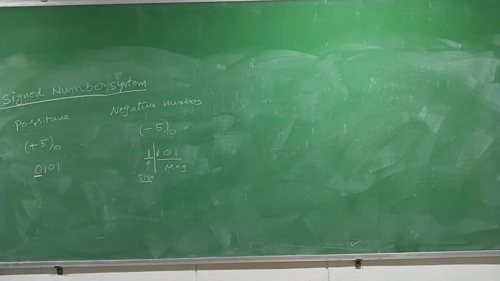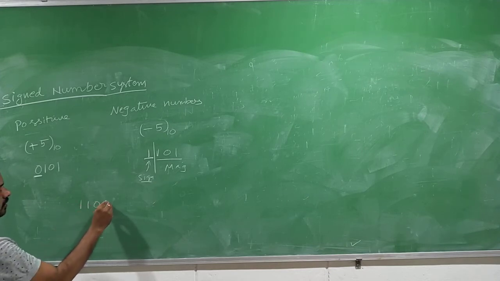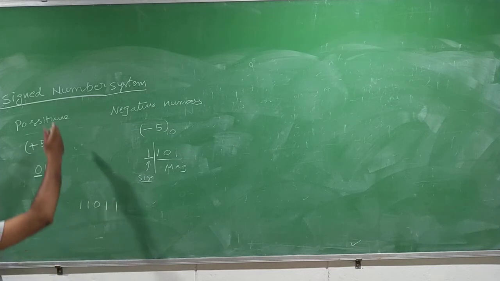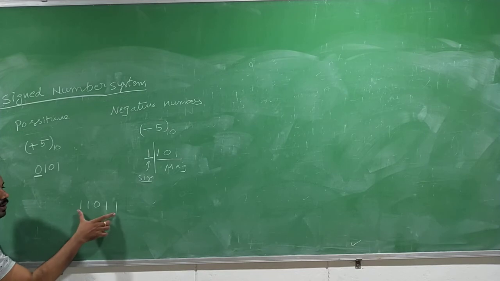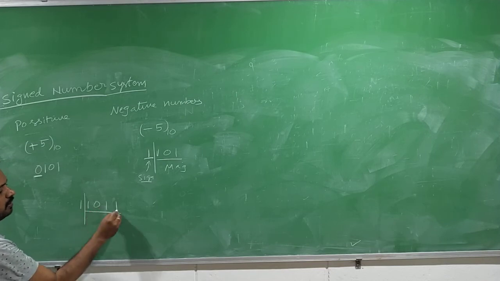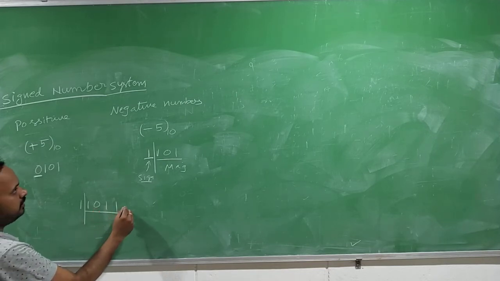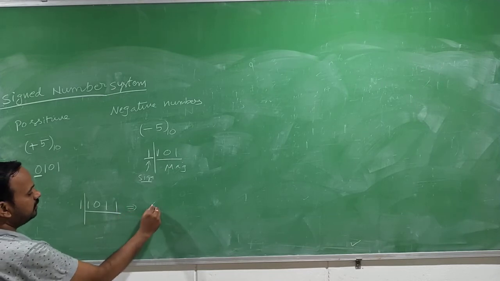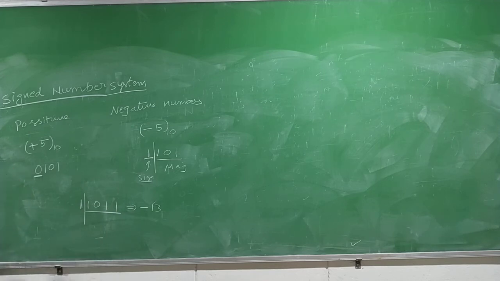Now if I ask you, in the signed binary number system, what is this value? You cannot say it directly. What you have to do is just leave the MSB and look at this number 1011. 1011 is nothing but 13. So this 1 is telling you that it is minus 13.